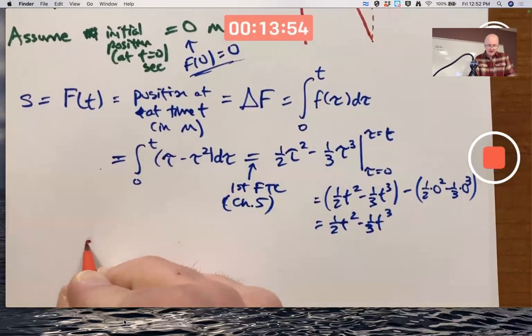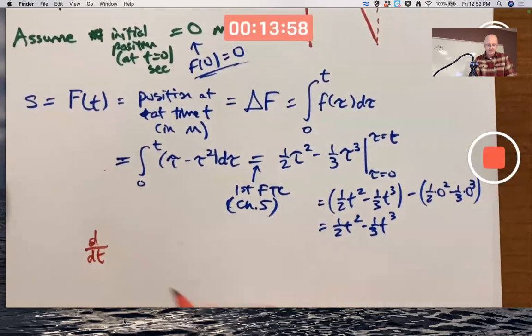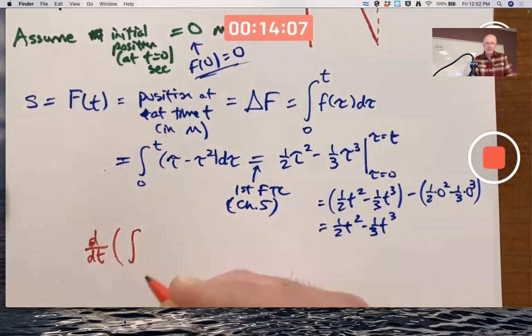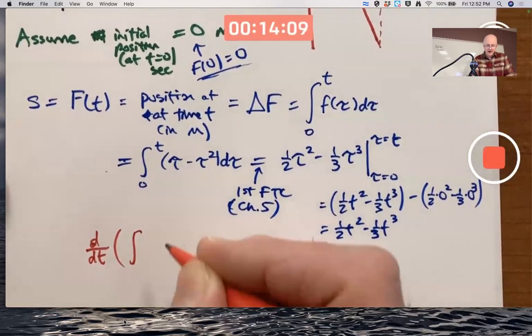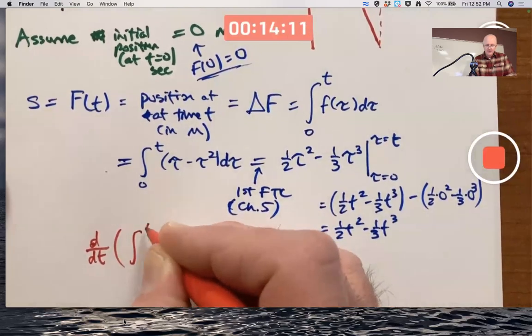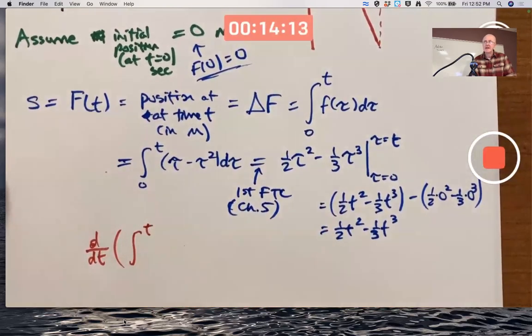What does the second fundamental theorem of calculus say in this situation? Well, actually, let me do a more general situation. It says that if you differentiate an integral where the variable for the function of t in this case is in the upper limit of the integral, and it really doesn't matter what the lower limit is, I'll call it a. For our example, a is 0.